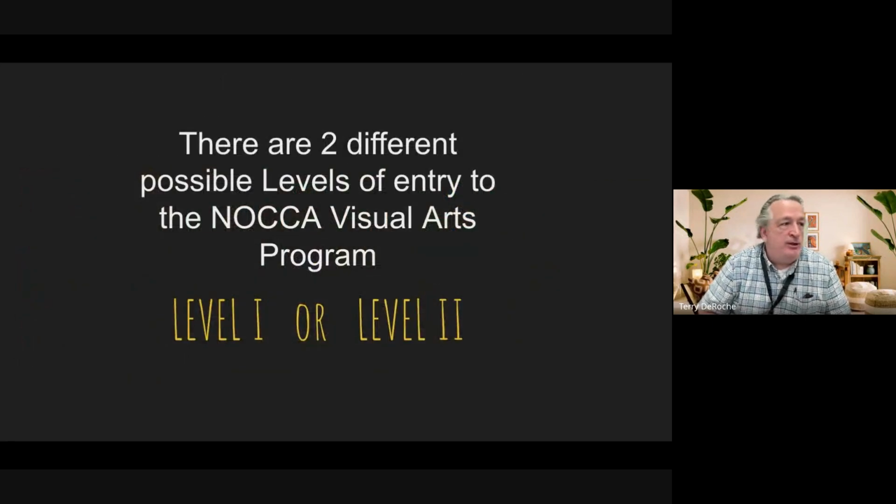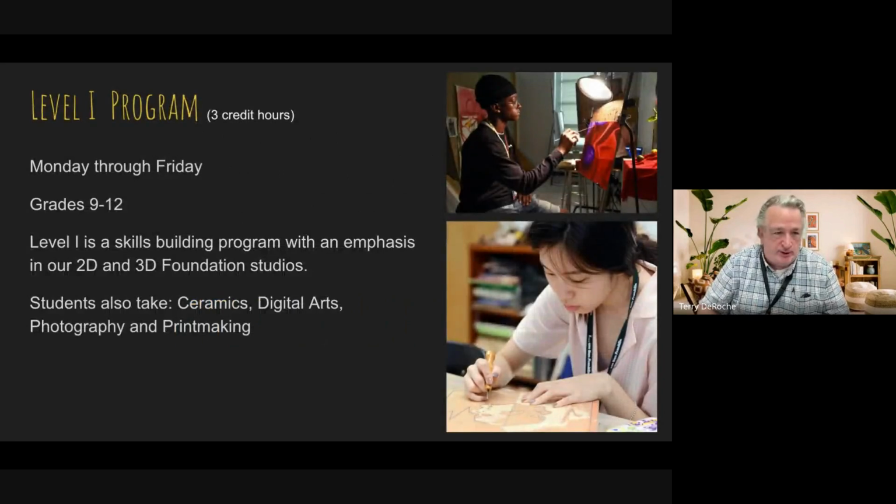Okay. So there are 2 different possible levels of entry to the NOCA program. So level 1, door 1 or door 2. So either level 1 or level 2. I think the next slide is going to talk about the difference between those 2. Is that true? Yeah. So the level 1 program is the main entryway into NOCA.